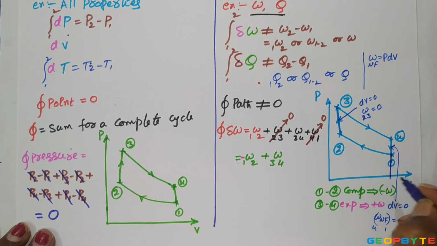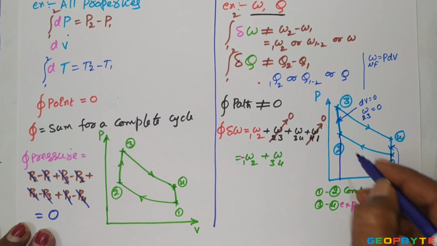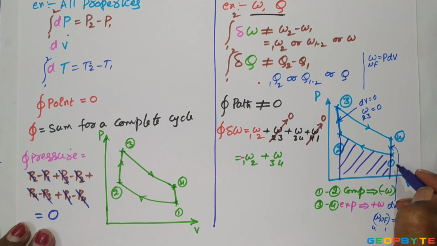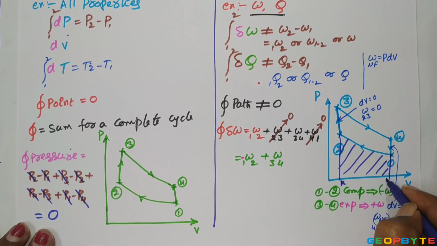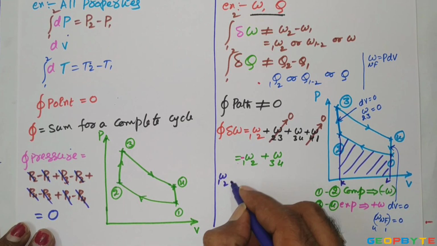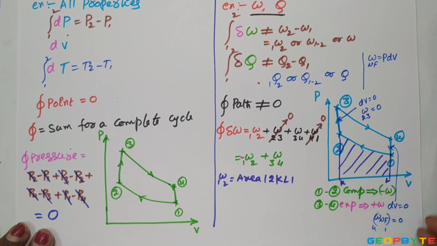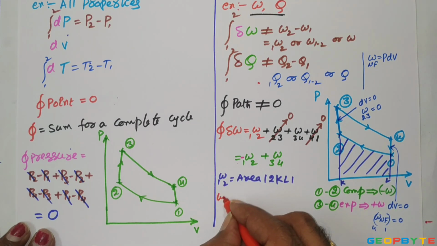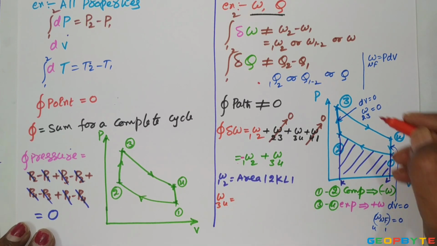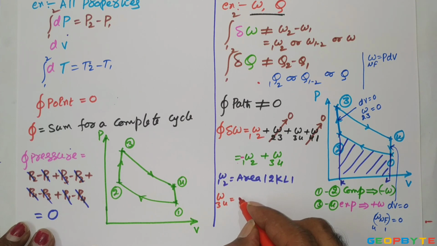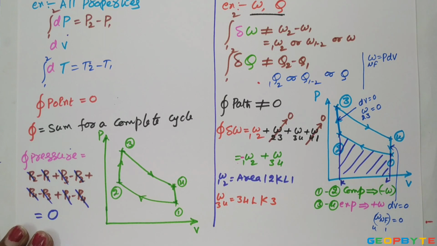But the area below 1 to 2 is the work interaction for 1 to 2; let it be K L. Work for 1 to 2 equals area 1 2 K L. Similarly, work for 3 to 4 equals area 3 4 L K. Look at both areas.